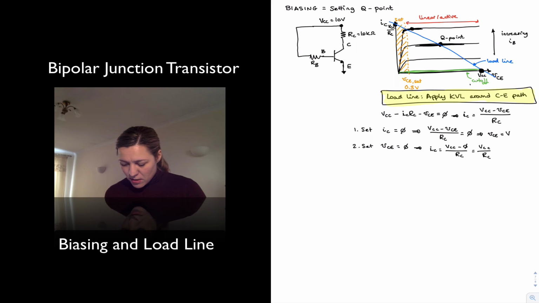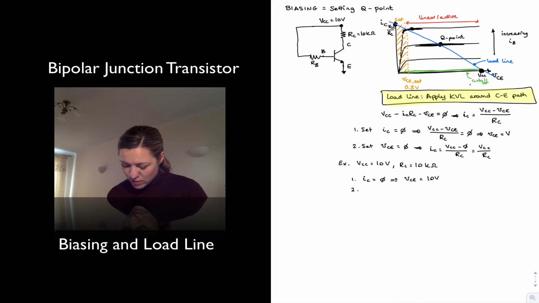Okay. In that case, for our example, we will have that in condition 1, IC is equal to 0, implies VCE being equal to VCC, which is 10 volts.